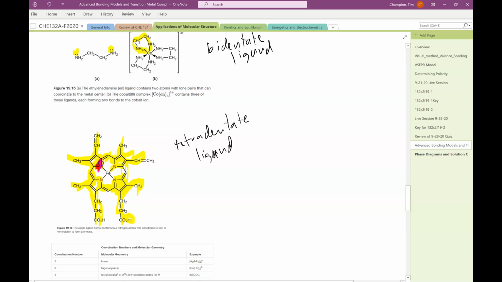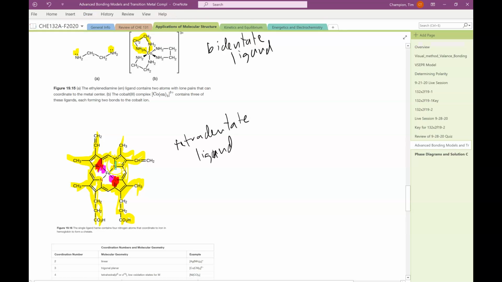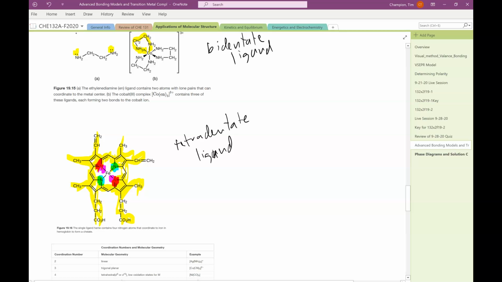So this nitrogen here and this nitrogen here are different. They've got 4 bonds, and this nitrogen here and this nitrogen here only have 3. So the nitrogens in the redder color are donating the lone pairs. The nitrogens that are in the green color are donating a sigma bond, essentially, so it's a little different there.